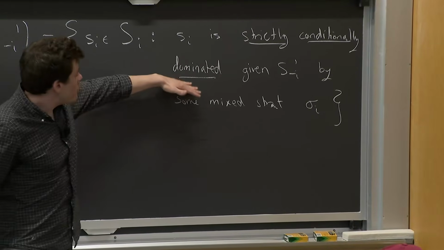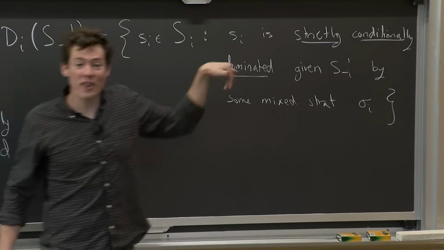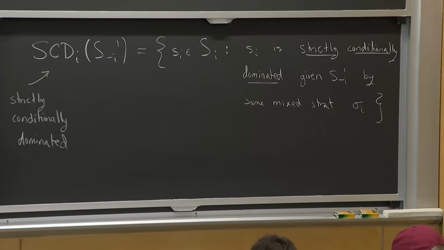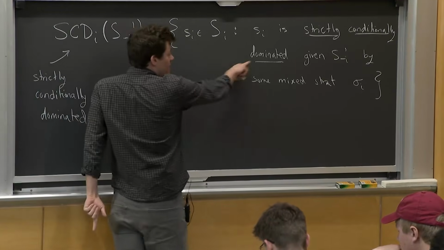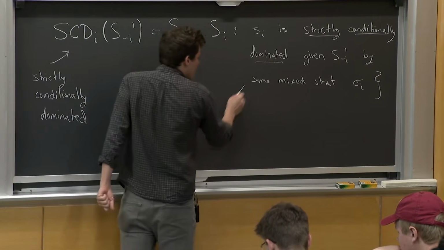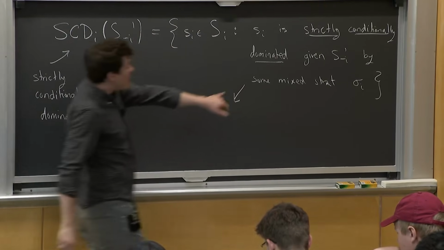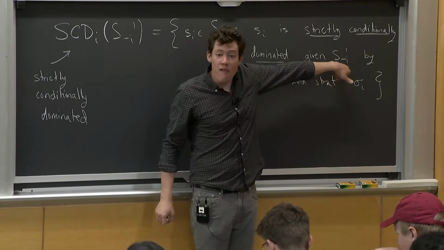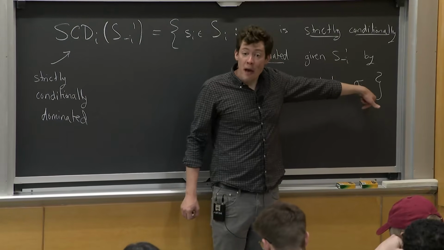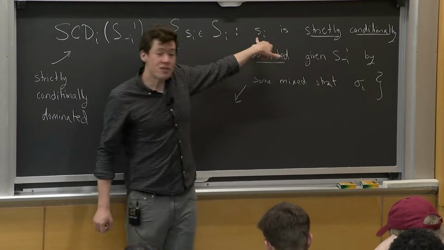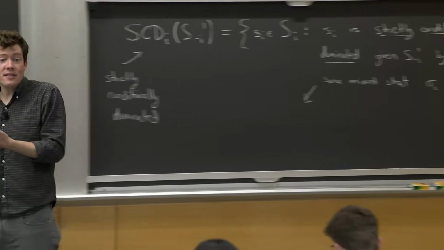So here's the definition of this set, but I've sort of cheated a bit because I've used a new word that I haven't yet defined. So now I need to define that new word. What does it mean for s_i to be strictly conditionally dominated given S_{-i}' by some mixed strategy sigma_i? Well, we already said it intuitively. It means that whatever strategy profile my opponents play in this set, sigma_i is strictly better for me as player i than strategy s_i. And now we just need to translate this intuitive idea into math.